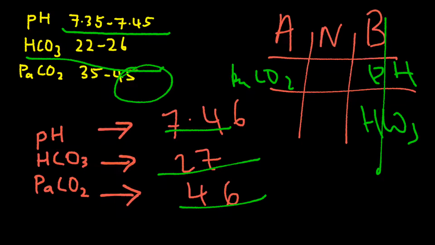HCO3, which is metabolic, is also under the base. As such, it is metabolic alkalosis. PaCO2, on the other hand, is on the acid column and is thus trying to compensate for the basic nature. This would help us to make the interpretation as partially compensated metabolic alkalosis.